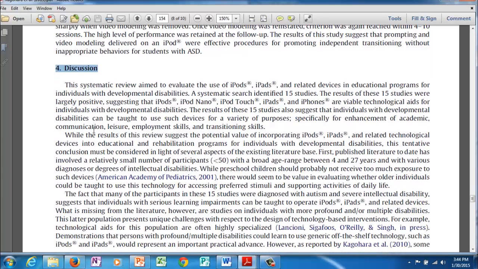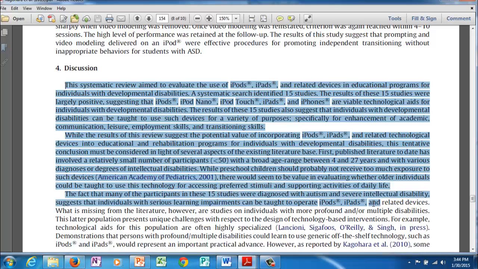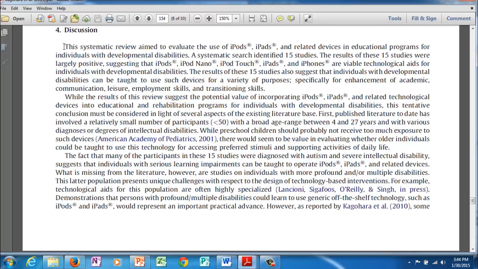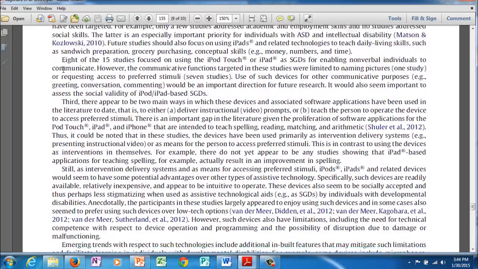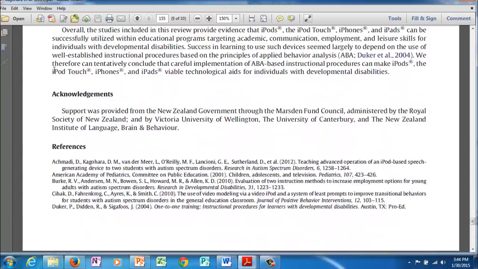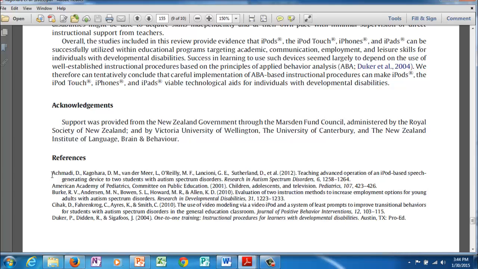Read through the discussion, and you'll see the conclusions they draw based on their review of all of those articles. And then lastly, you'll see the references. And if you look, you'll see those 5 articles that we looked at are all listed here in the references, along with the other 10 out of the 15 that they found.